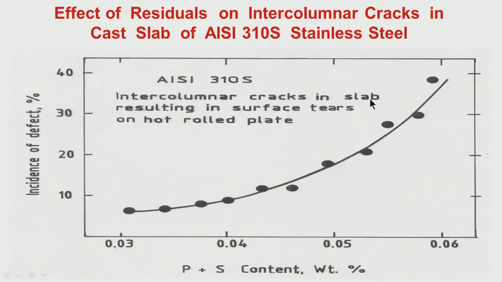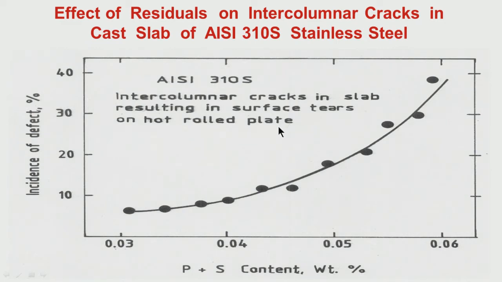So, there is a lot of possibility of formation of intercolumnar cracks in the slab. These intercolumnar cracks are internal cracks. You may not always see them on the surface, but slabs may have a lot of internal cracks because of weak intercolumnar areas.